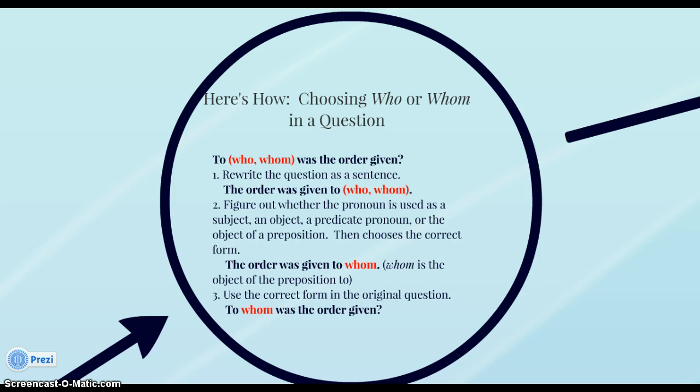Then we can choose the correct form. The order was given to whom, because whom is the object of the preposition to. That makes it obvious that we need to use the form whom because it's being used as the object of a preposition. So now we know that our question would say, to whom was the order given?